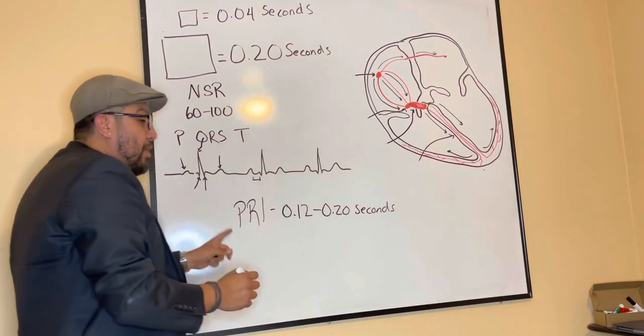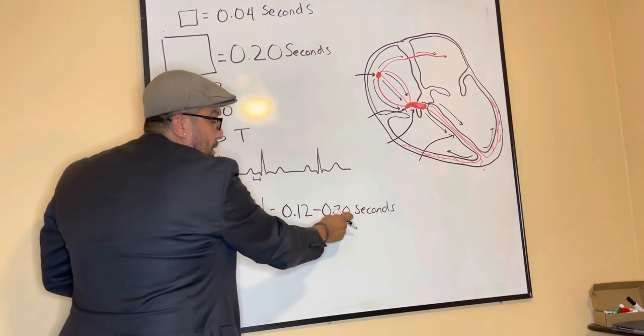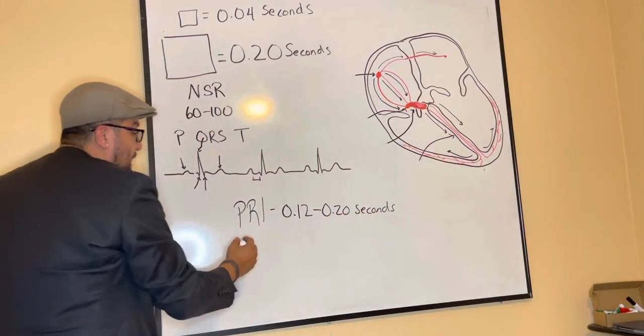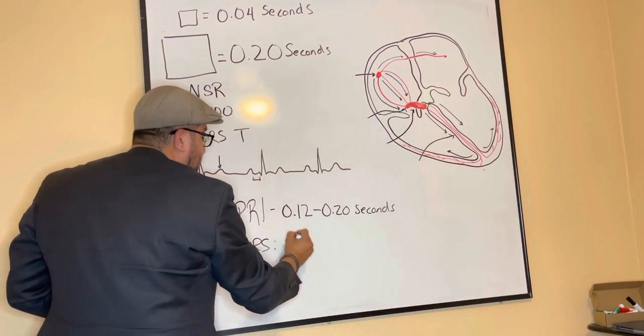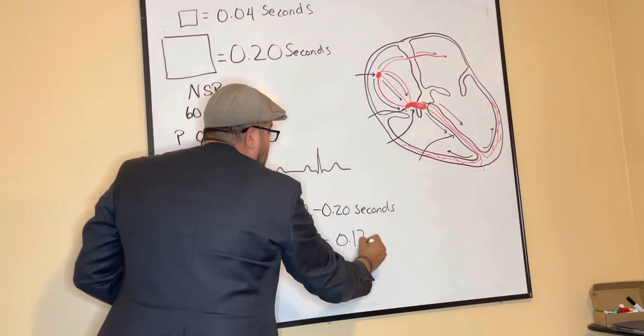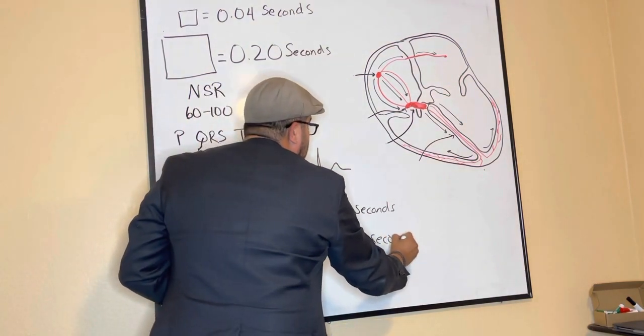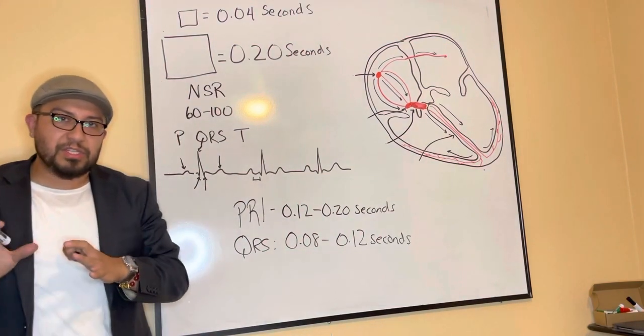So your PR interval should always be between 0.12 seconds and up to 0.20 seconds, and then your QRS should be anywhere from 0.08 to 0.12 seconds. Keep in mind that different books give you slight variation in the values.